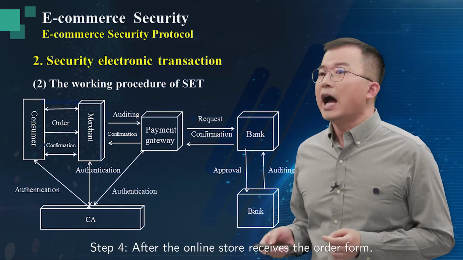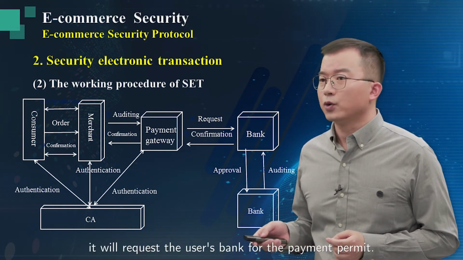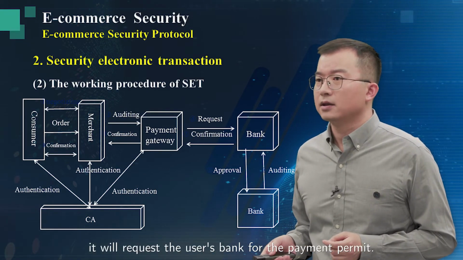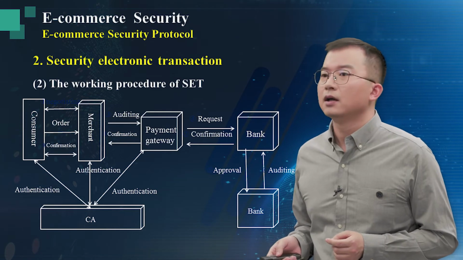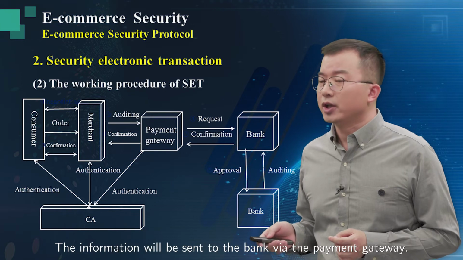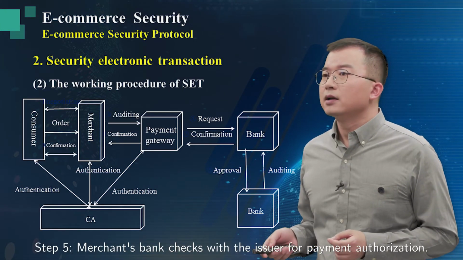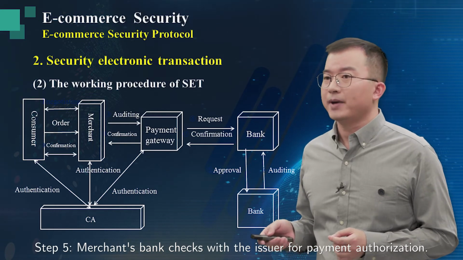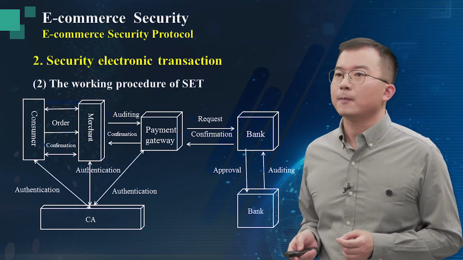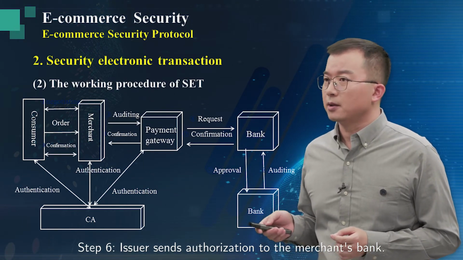Step 4. After the online store receives the order form, it will request the user's bank for the payment permit. The information will be sent to the bank via the payment gateway. Step 5. The merchant's bank checks with the issuer for payment authorization. Step 6. The issuer sends authorization to the merchant's bank.